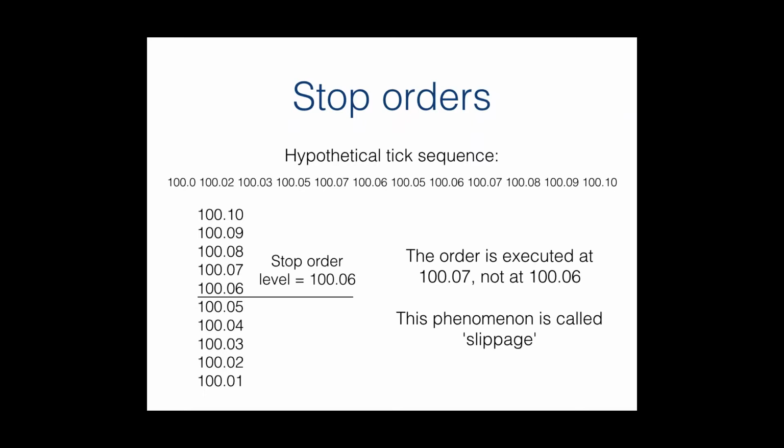In ECNs and other market maker priced markets, it's caused by very quick changes of bids and asks posted by liquidity providers and so on. Nevertheless, as the result, in this particular case, the stop order will be executed one tick above the order price. This phenomenon is known as slippage.